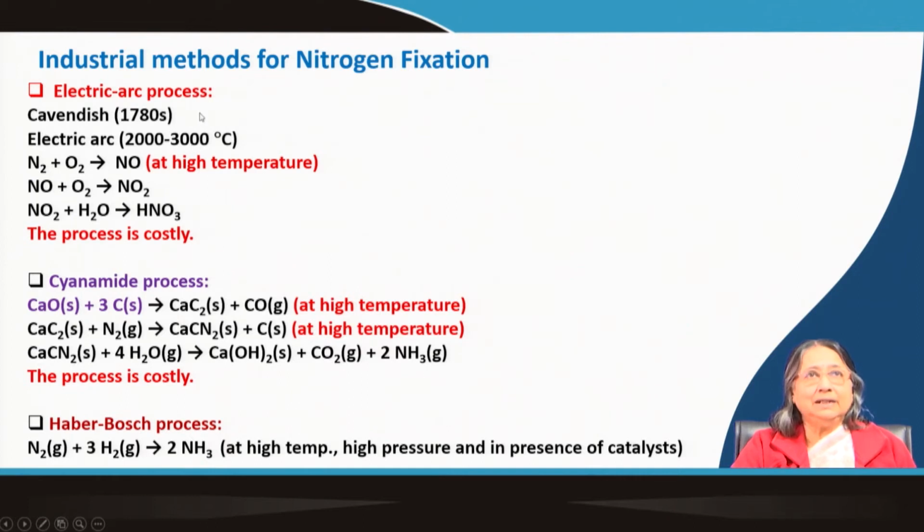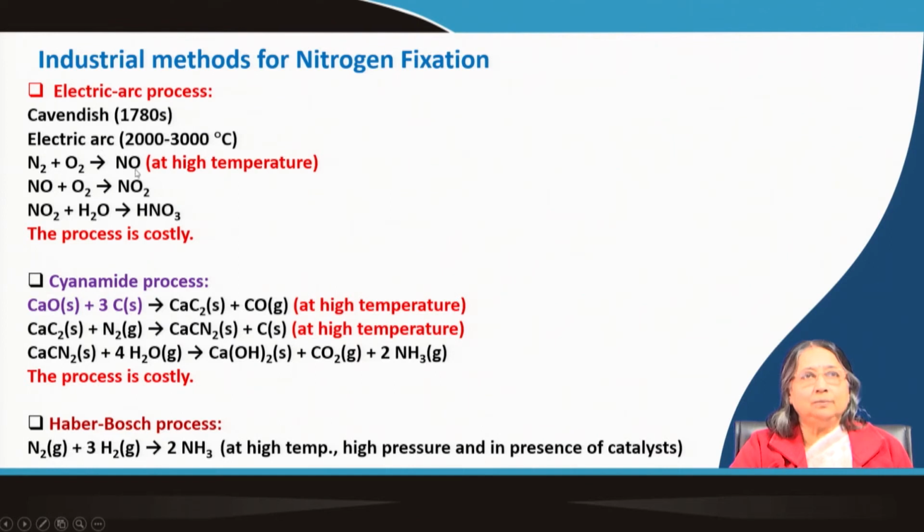Then nitrogen and oxygen combine to form NO. This method was suggested by Cavendish in the 1780s, and after so many years that method was utilized to form a combined state of nitrogen, that is nitric acid.